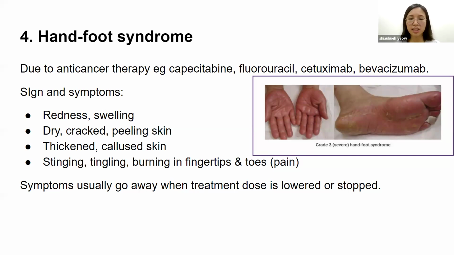Sometimes you can also see thickened or callused skin. In more severe cases, it can cause tingling and burning in the fingertips and toes, and therefore you may feel pain. It is commonly due to anti-cancer therapy like capecitabine, fluorouracil, cetuximab, the targeted therapy, and bevacizumab.